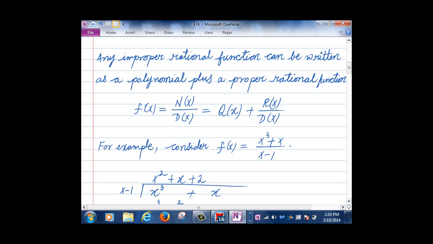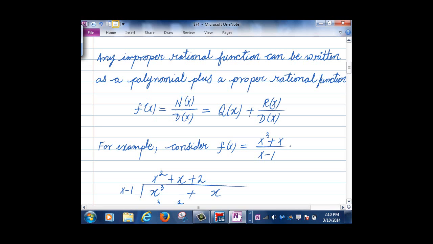Well, if I know how to integrate proper fractions, I know how to integrate improper as well. Why? Because I can write the improper as a polynomial plus a proper. If I know how to integrate the proper, I know how to integrate the improper because we know how to integrate polynomials. So let me give you an example here.